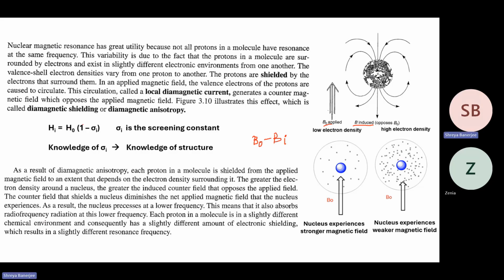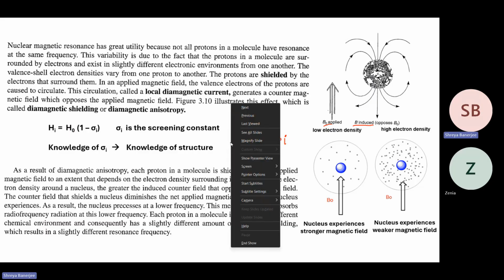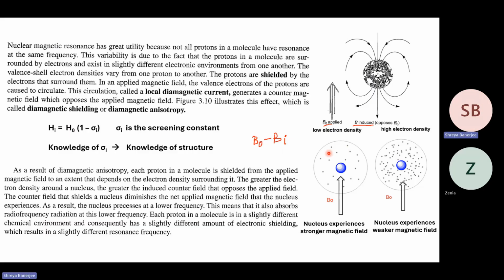So when you have very few electrons surrounding the nucleus, the induced current is low, so the Bi is low, and the nucleus is experiencing a stronger magnetic field. When you have a large number of electrons surrounding the nucleus, the induced current, or Bi, is very large, so the nucleus will experience a weak magnetic field.